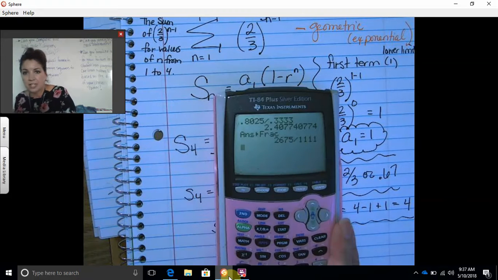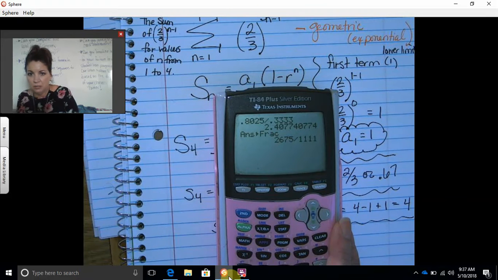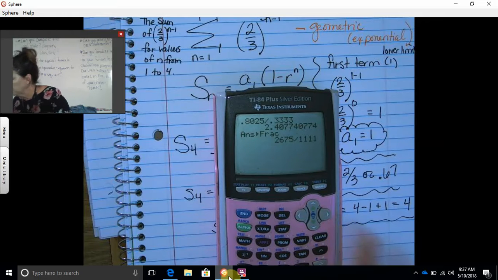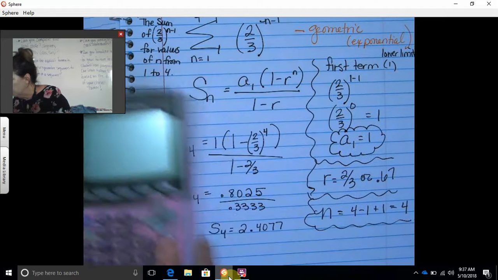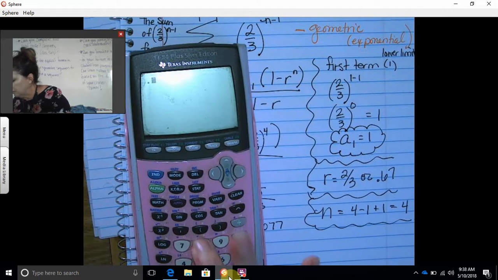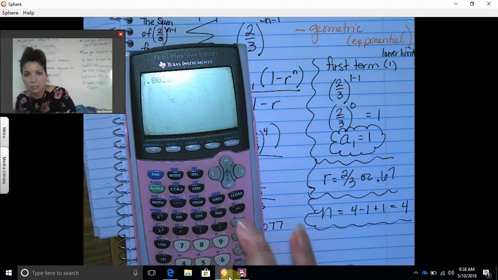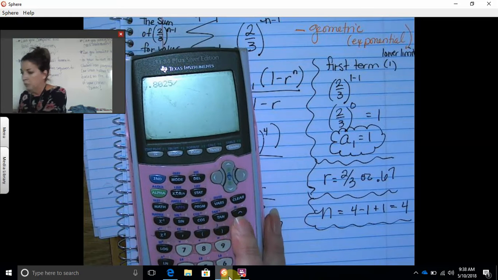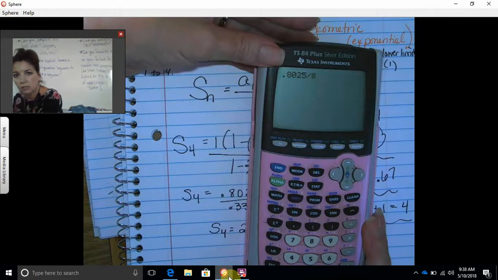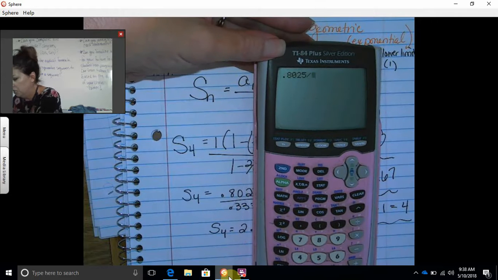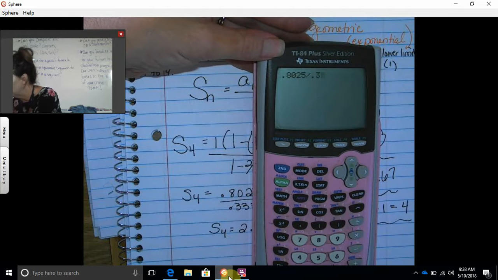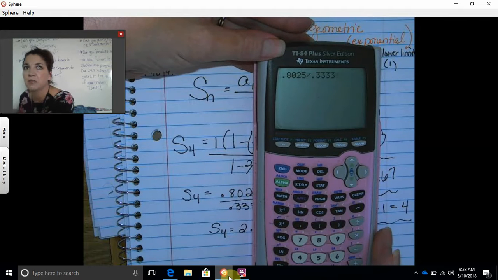Which, as a fraction, would represent 2,675 over 1,111. The other day I was going to show y'all the one we were doing, but it wouldn't do it in my calculator, so I did it first before I showed you.